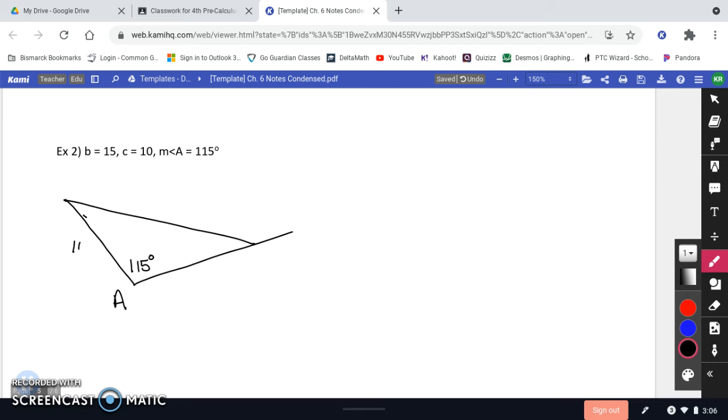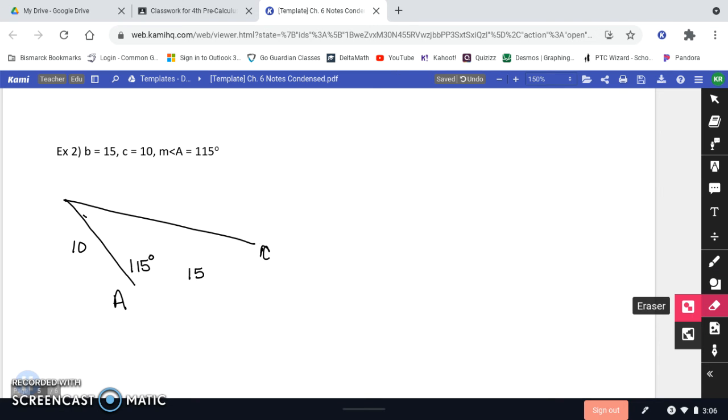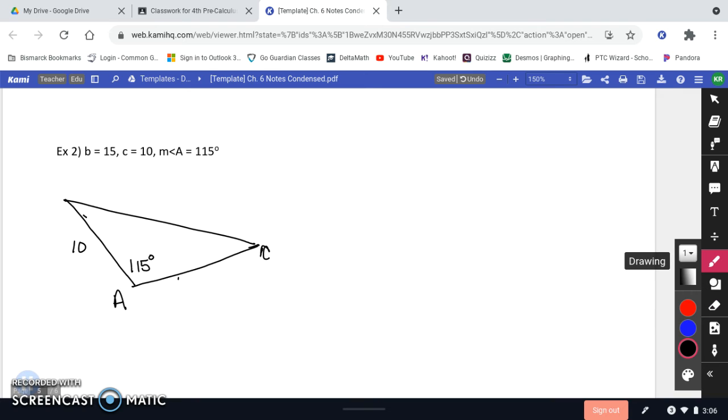And then we're going to have a side that's 10 and a side that's 15. All right, so you can see by the information given, I have side, angle, side.